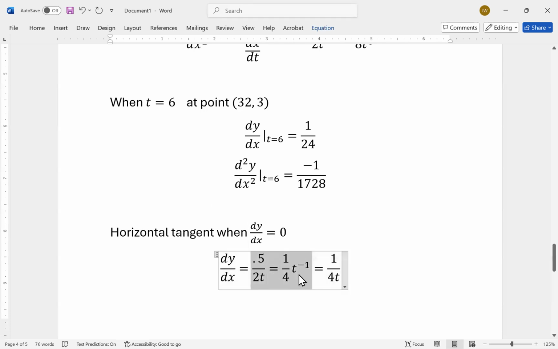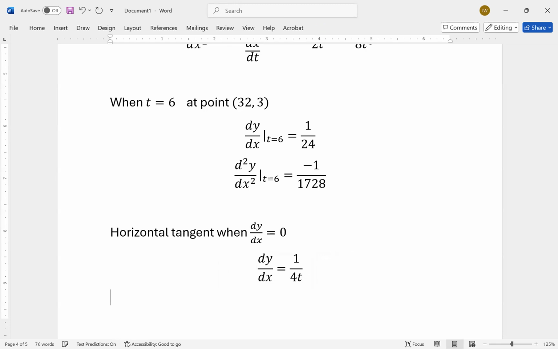Obviously, in this case, 1 divided by 4t, no matter what value you make t, you're never going to get a 0. So this has no horizontal tangents. We're going to get no solution there. So no solution when I set 0 equals 1 over 4t. So no horizontal tangents.